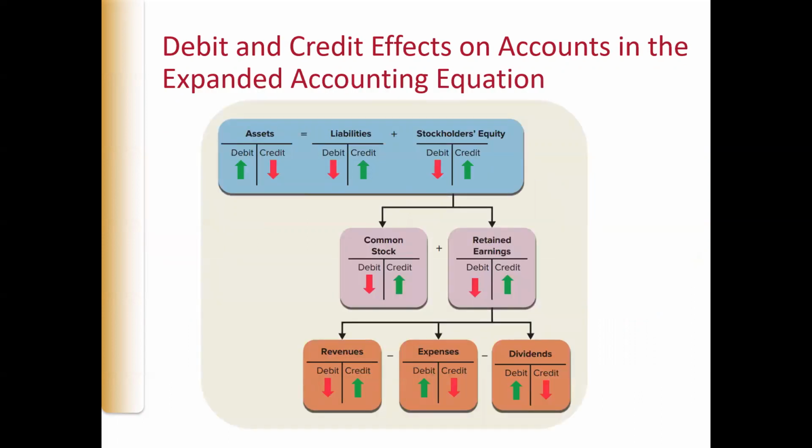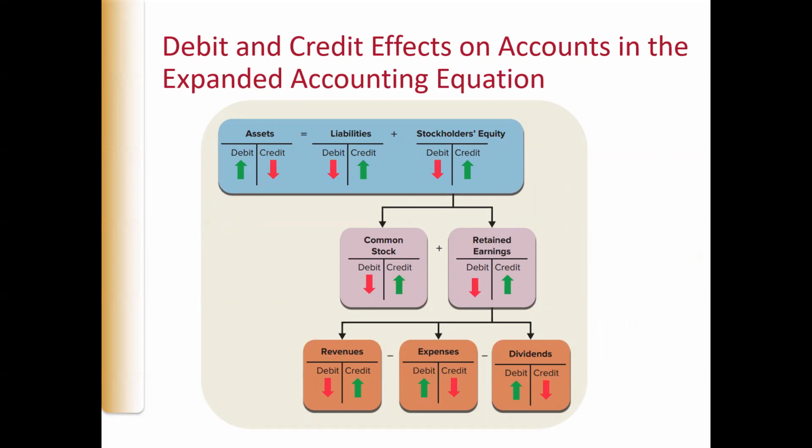As we expand this, since retained earnings increases with credits, then that means our revenues are going to have a normal credit balance because it increases our retained earnings.